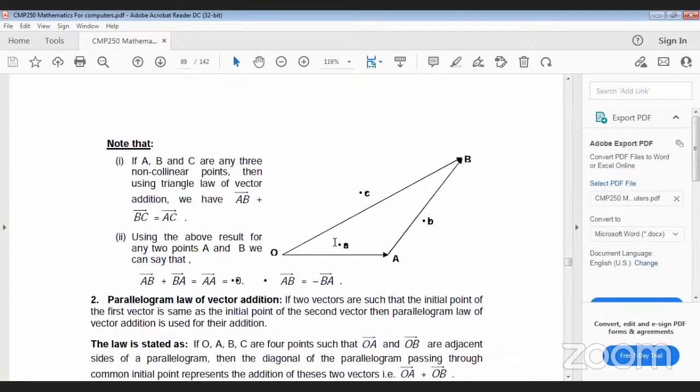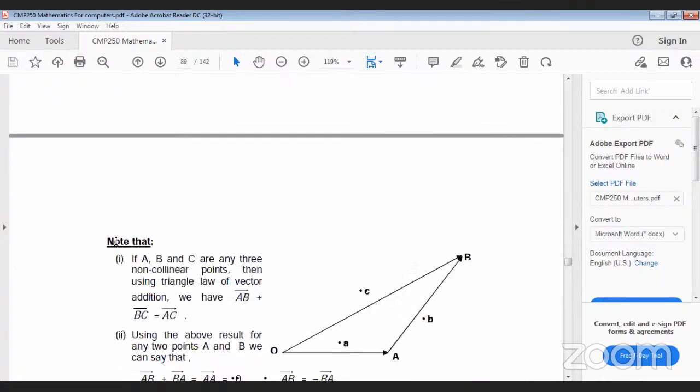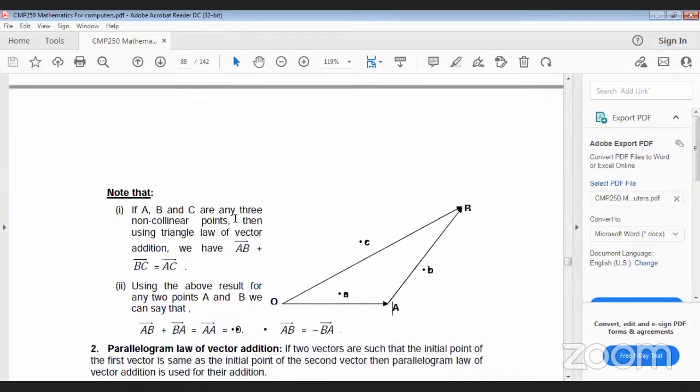See, you can see over here. Here also it is the same thing. Now, the terminal point of OA is the initial point for AB. See, this was regarding the collinear points. Now, what if they are not collinear?